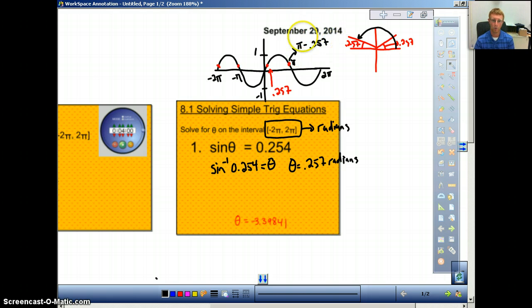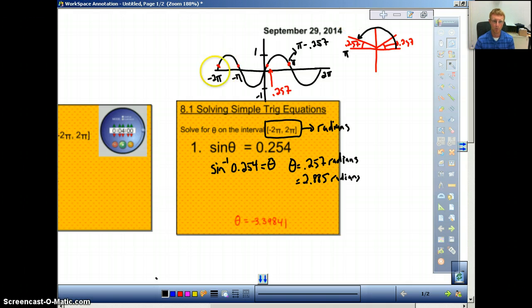Once we do that, we'll get that value, 2.885 radians. So I did pi minus 0.257. Again, this is pi. We subtract the 0.257 of the angle we know it's supposed to be, and that tells us what's left over there.